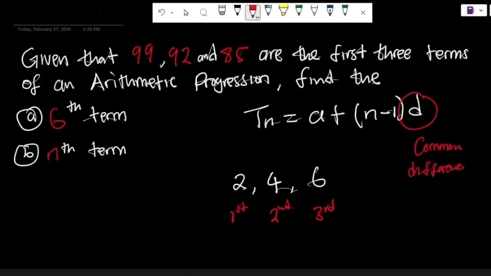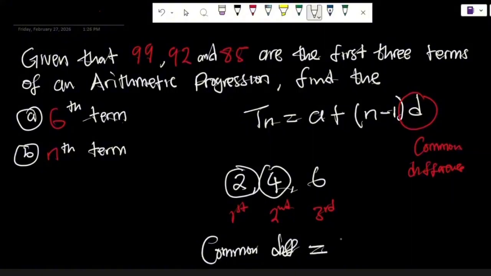So what does it mean? Well, when you have numbers like this, if you find the difference between the first two numbers, it should be common with the difference between the second and the third term. So the formula for finding the common difference is the second term minus the first term.